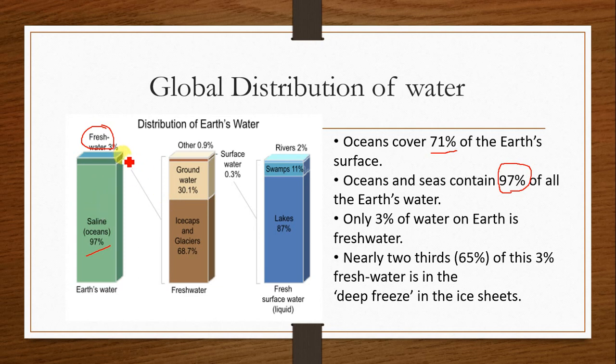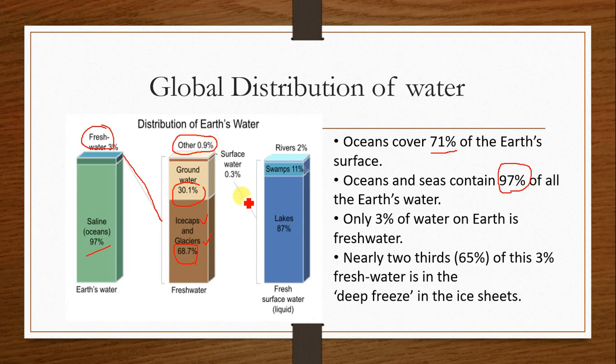Now this fresh water also has different stores globally, and out of this 3%, 68.7% is stored in ice caps and glaciers, which are not readily available for human consumption except when they undergo melting. Then we have 30.1% groundwater storage, and others make up the 0.9% out of this 3%.